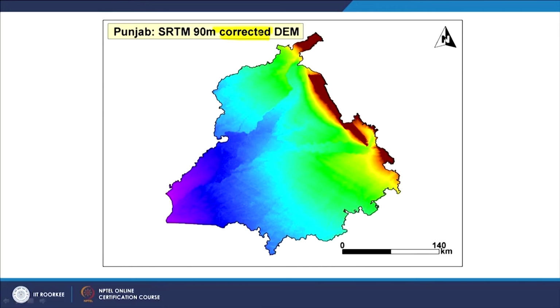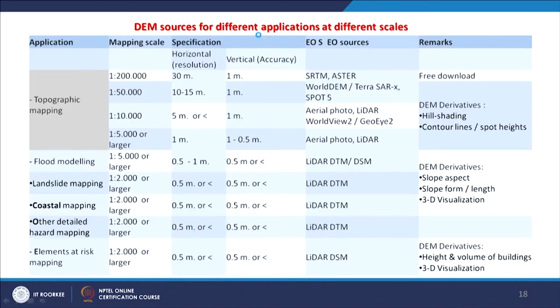Nowadays void free SRTM DMs are available not only at 1 kilometer and 90 meter, but also at 30 meter for the entire globe. Just in summary, what I am bringing here is DM sources for different applications at different scales.